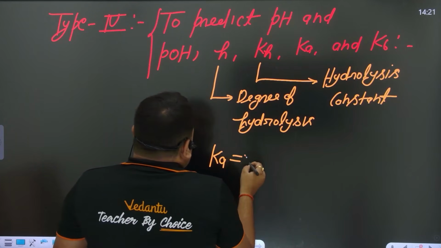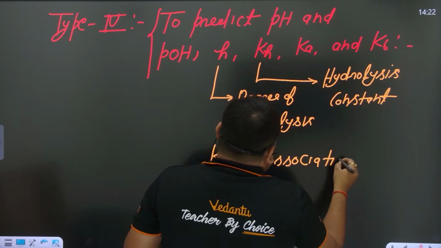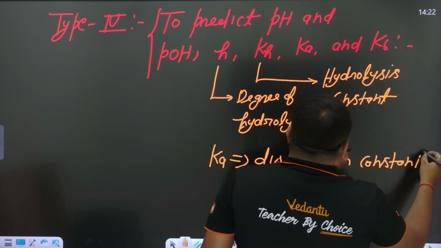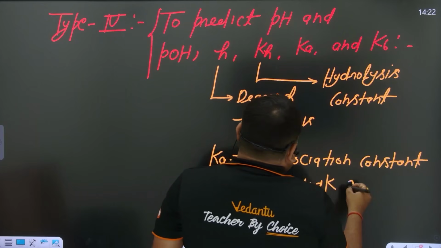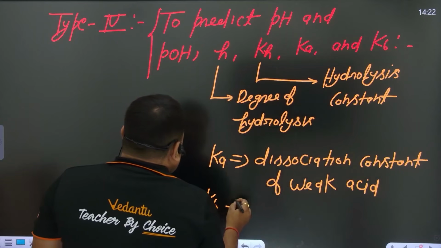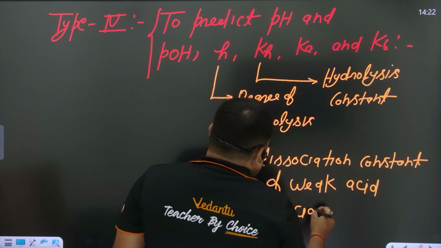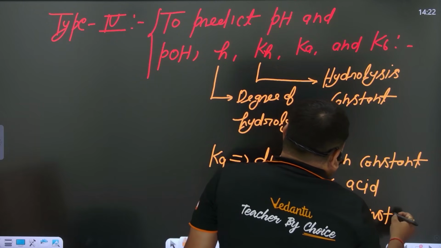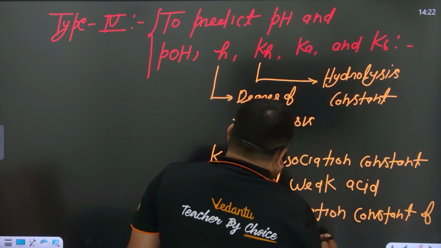Ka is the dissociation constant of weak acid, and Kb is the dissociation constant of weak base.